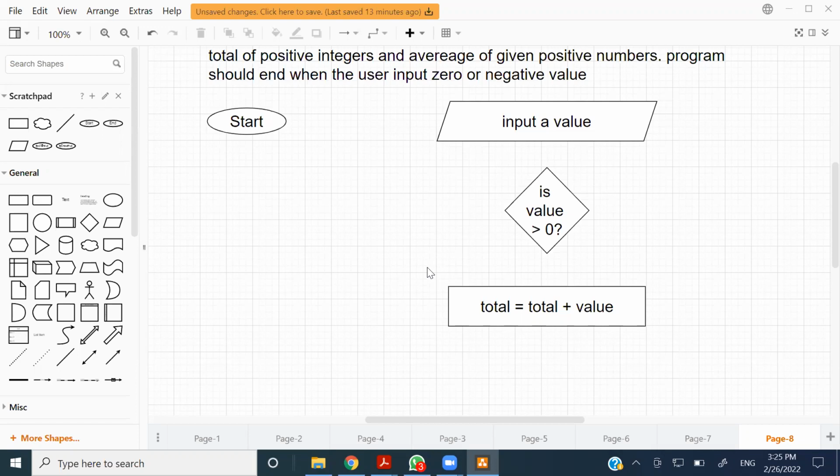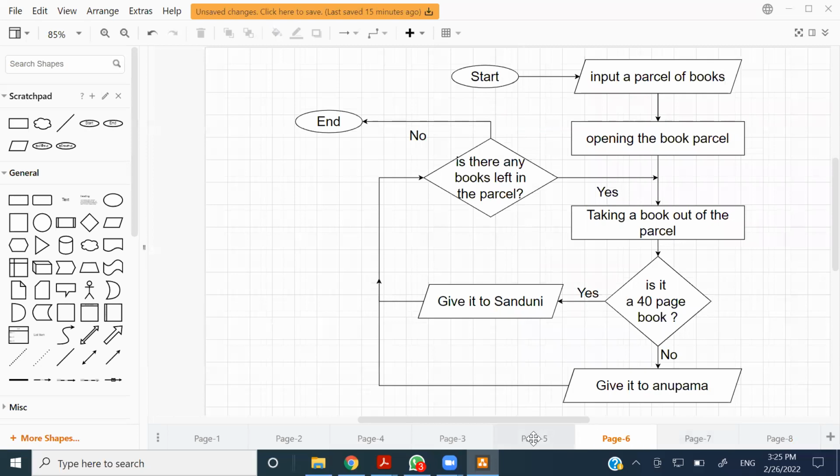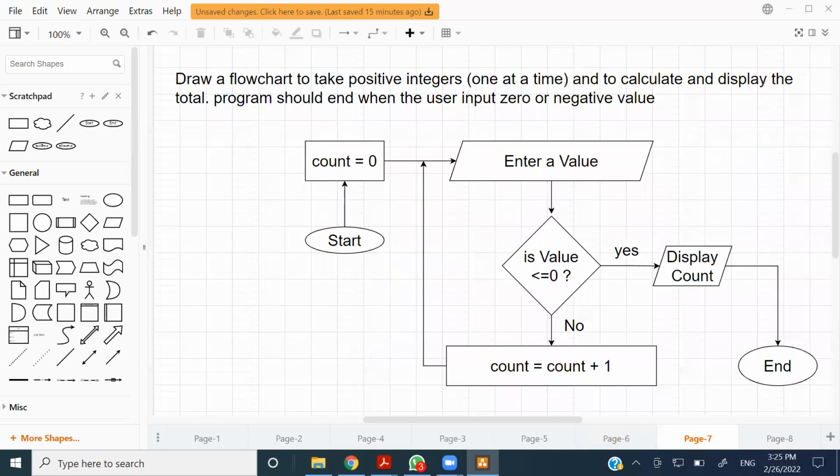Sanditi, if we display the total inside the iteration, it's going to be a problem. Do you remember the total example that we did?